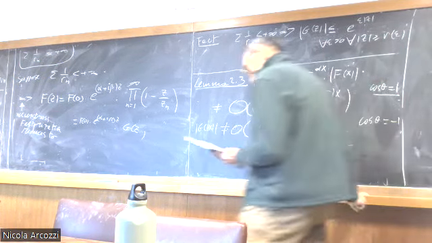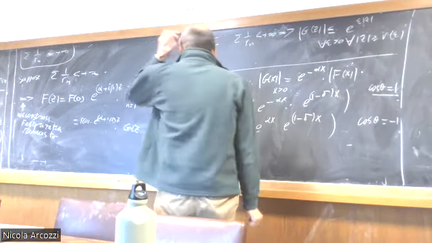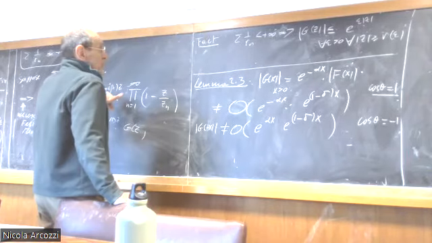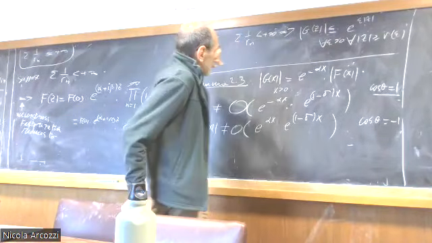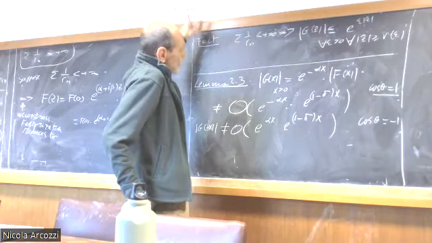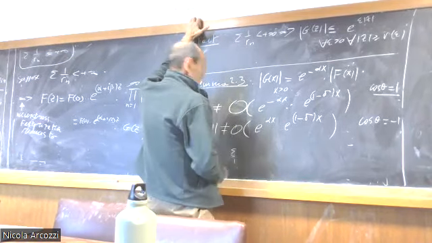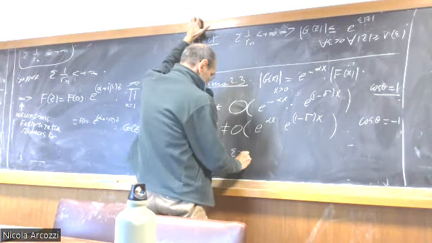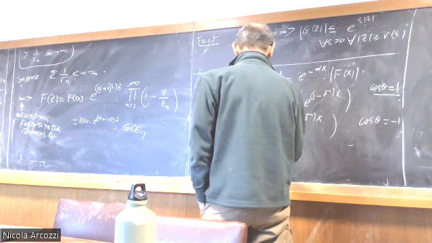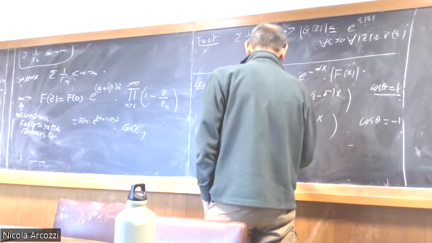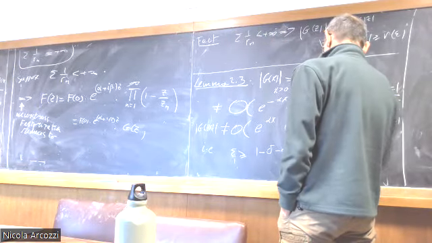So that means that, compared with this one, epsilon has to be greater or equal than 1 minus delta minus alpha for all delta greater than 0.